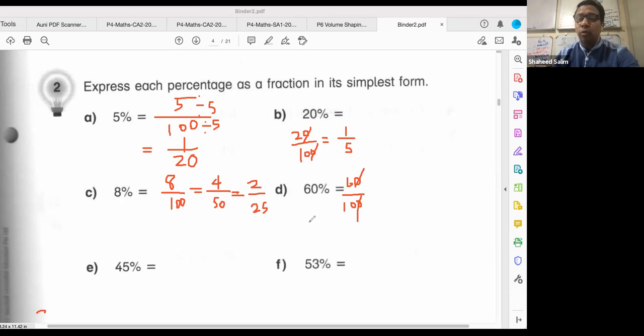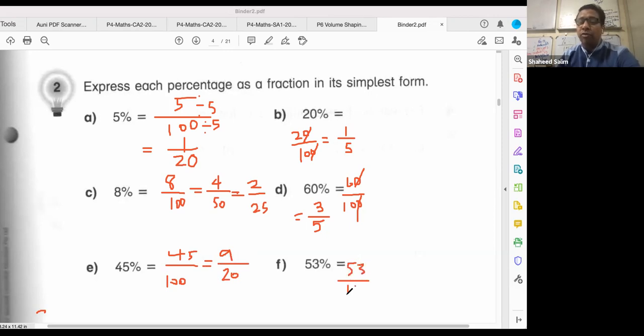Then divide by 2. 6 divided by 2 is 3. 10 divided by 2 is 5. So 3 over 5. Next one, 45 over 100. Divide by 5. What times 5 equals 45? 9. What times 5 equals 100? 20. Last one, you don't need to divide by anything because you cannot divide any further.